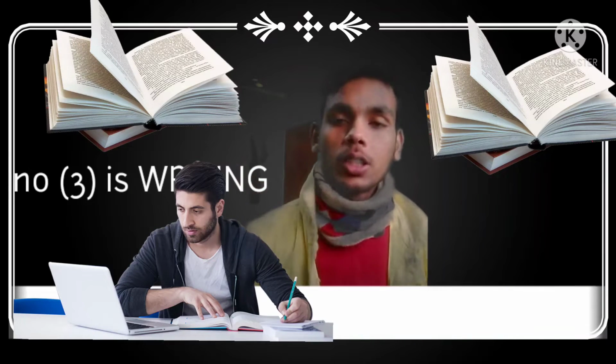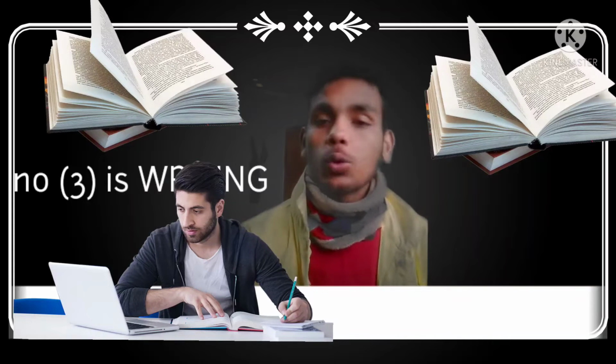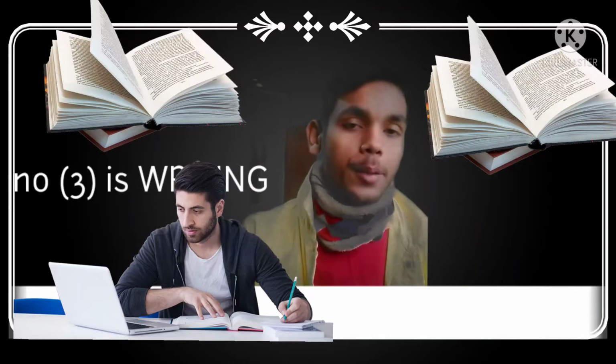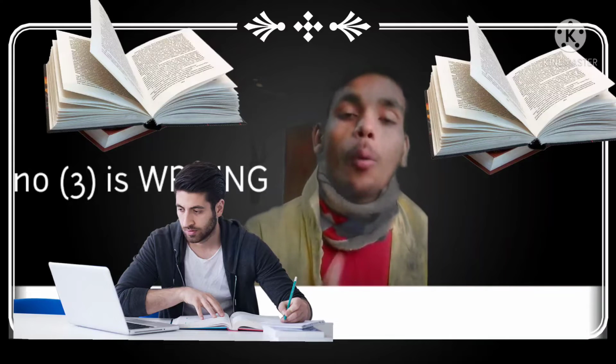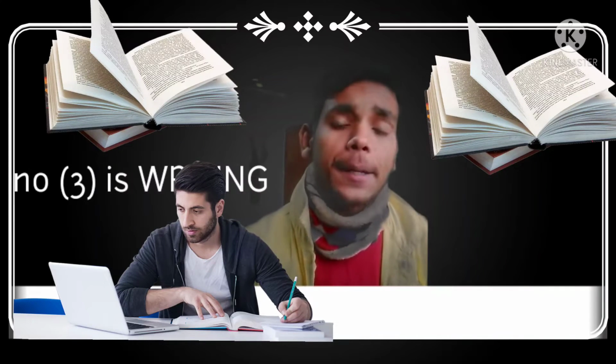And the third one is that you have to write down. You may ask me what you have to write down. You do not have to write down just any kind of things. You just have to write down what you have listened to and what you have read, the information you have gathered.